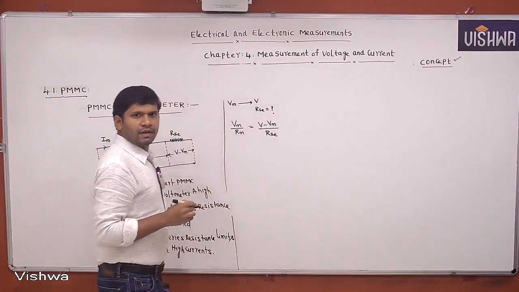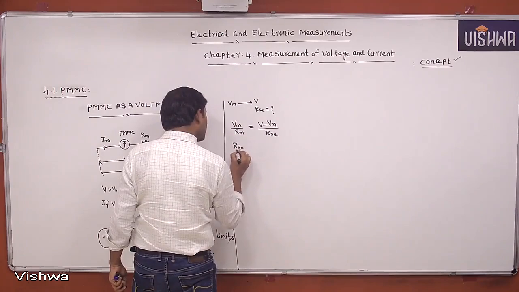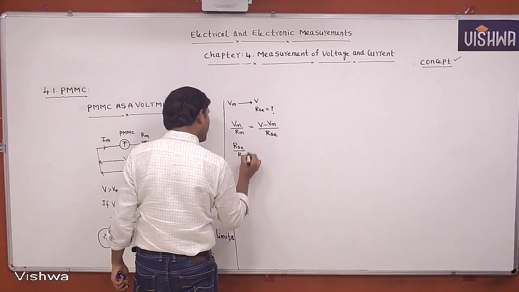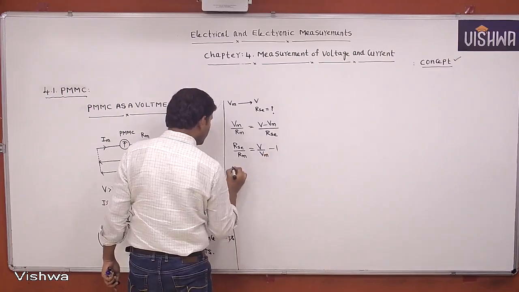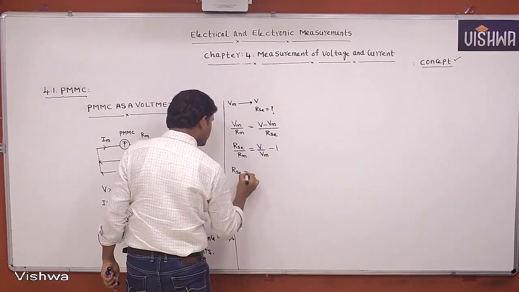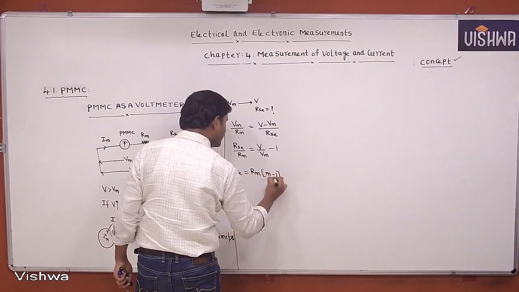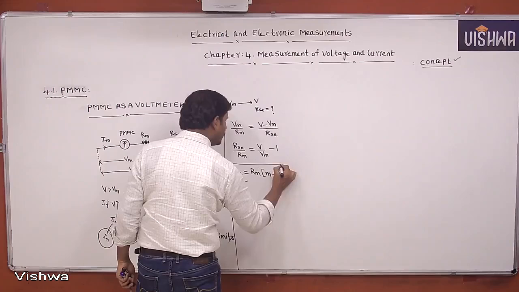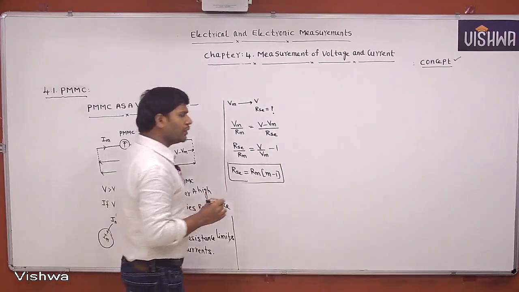From this, Rsc by Rm equals V by Vm minus 1. Then Rsc equals Rm into (m minus 1). To extend the range from Vm to V, the value of Rsc to connect is Rsc equal to Rm into (m minus 1).